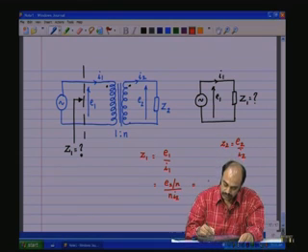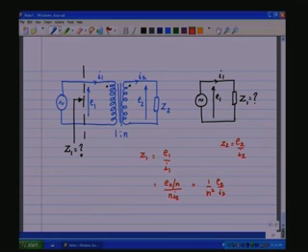So, which is 1 by N square E2 by I2, which is Z2 by N square. So, what it means is that if I have Z2 here, it is equivalent to having a Z1 which is equal to Z2 by N square at this point on the primary side.